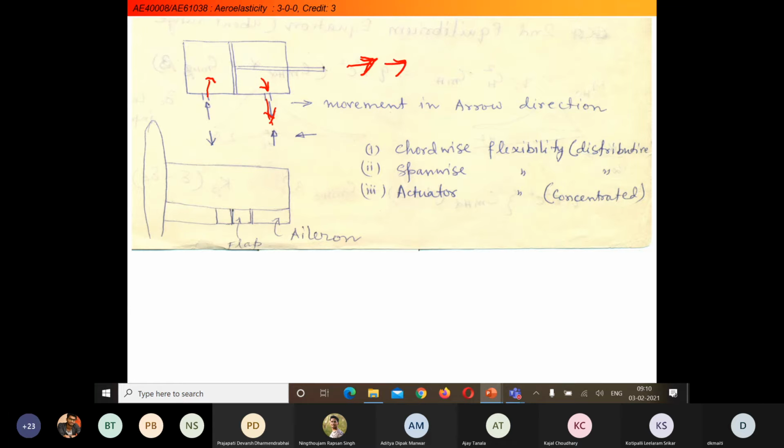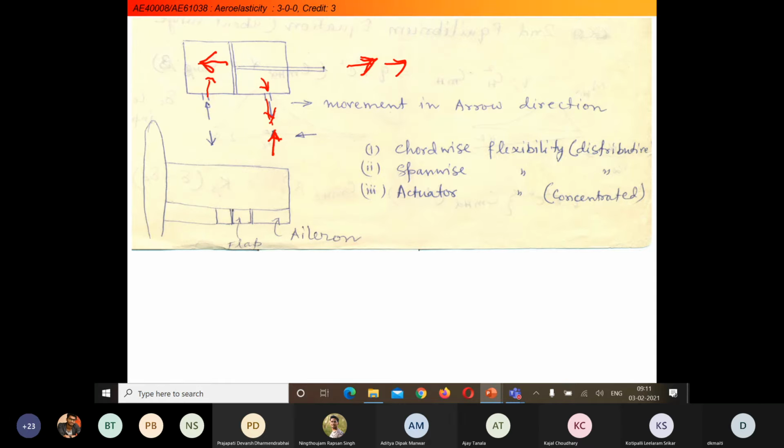Suppose the pilot is interested in giving a downward motion, then the flow will be in this direction. Flow will be coming through the hydraulic line to this upper part of the cylinder, and then pressure will be developed, and it will move in this direction.